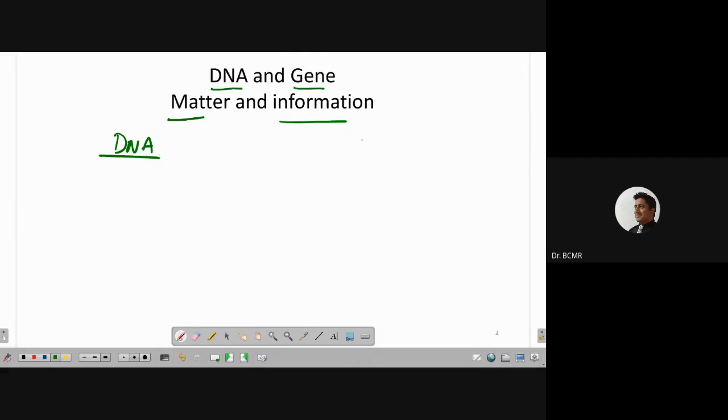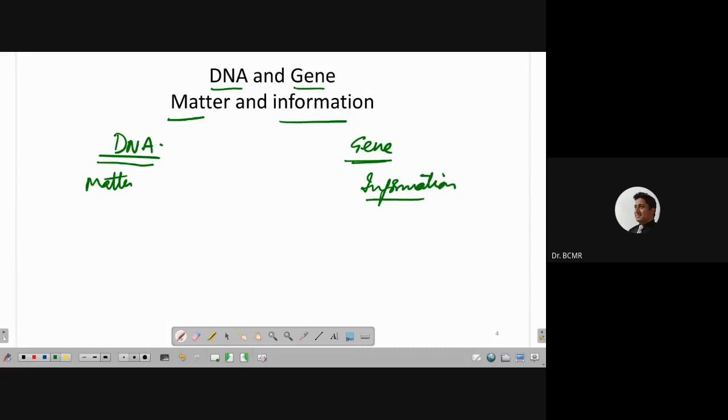DNA and gene. All genes are made up of DNA, but all DNA is not genes, right? DNA is just matter, and gene is genetic information.